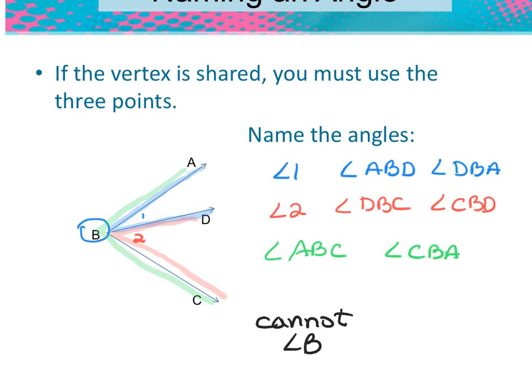So the vertex, where the two rays meet, is always the middle letter. But I can't just say angle B here, because I don't know if I'm talking about this one, or this one, or this whole green one. So that's why I have to name it with 3 letters when you have more than one angle in the picture.